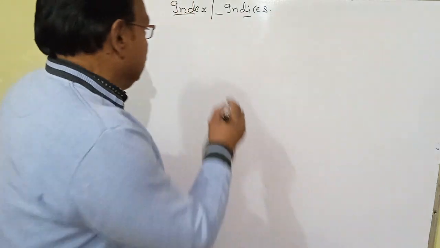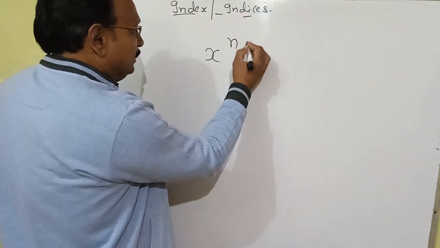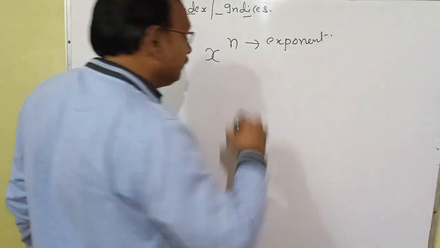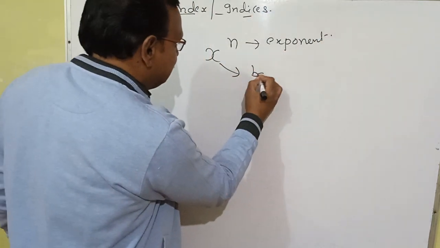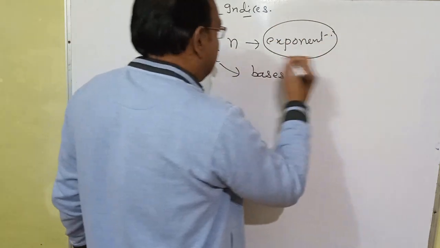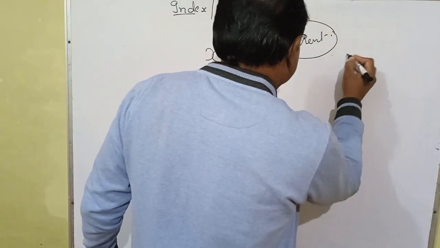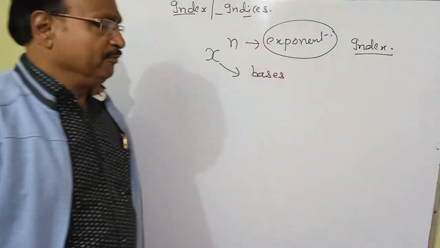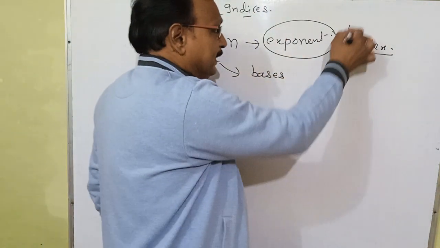We say x to the power n, then n is the exponent, x is the base, and exponent is also called index. We can say exponent or index.